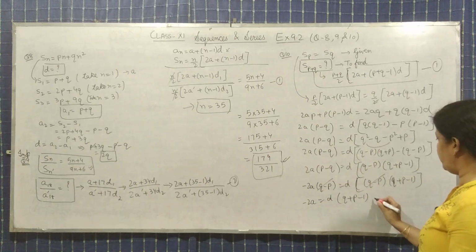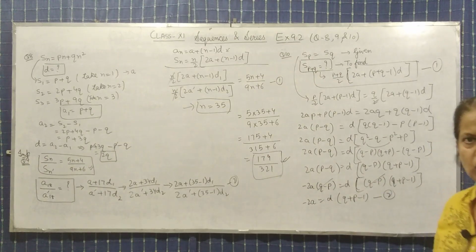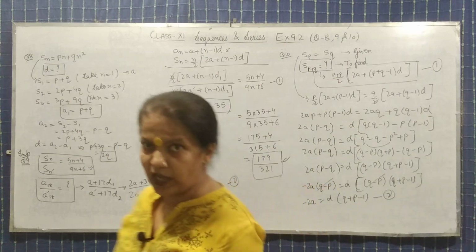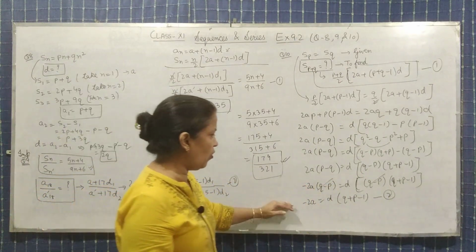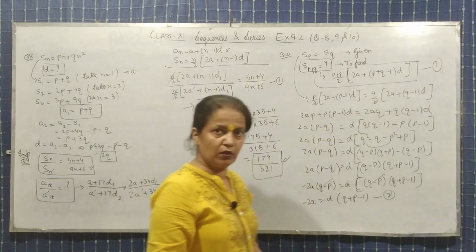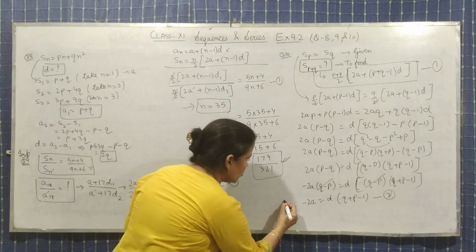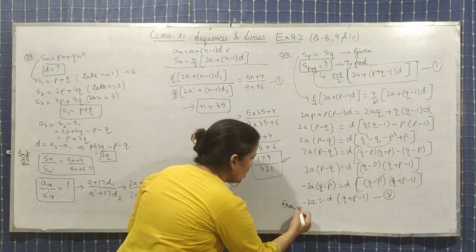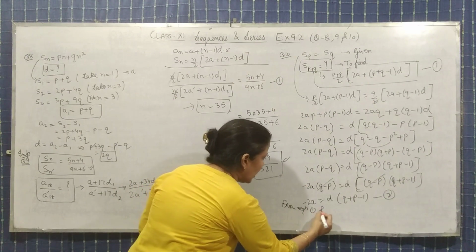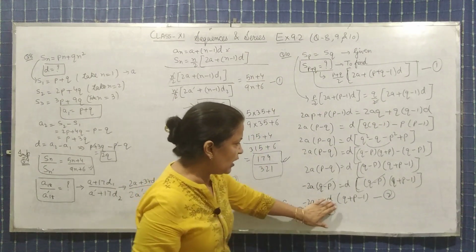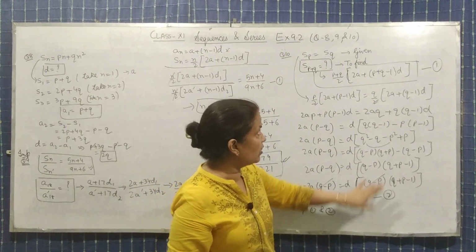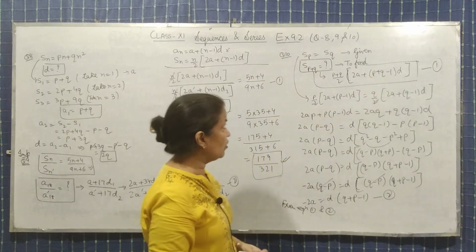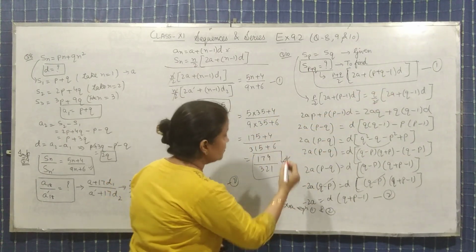So from equation 2, can we substitute this value in equation 1? So from equations 1 and 2, instead of d(p plus q minus 1), we will substitute its value. So what result will you get?